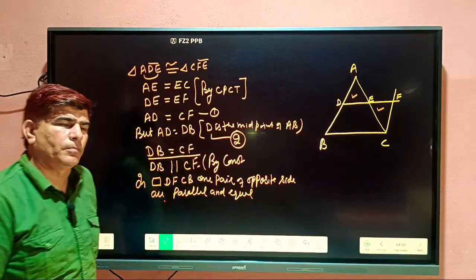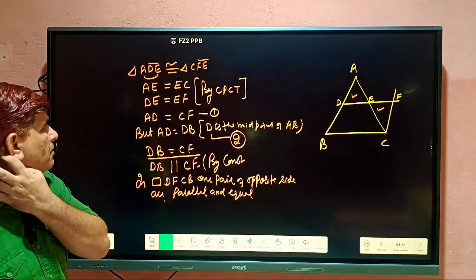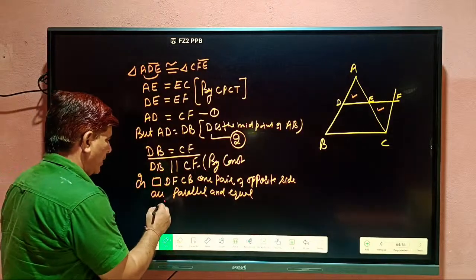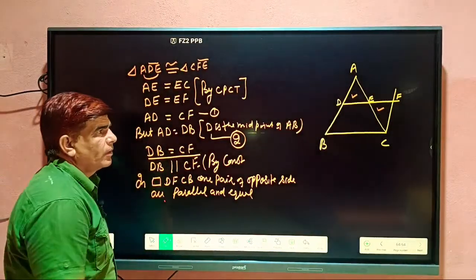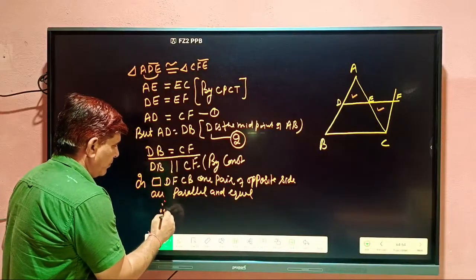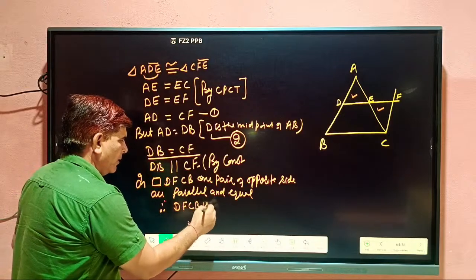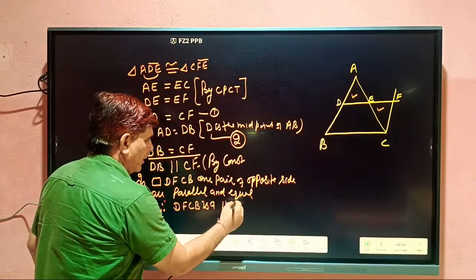So this is a theorem: if one pair of opposite sides of a quadrilateral is parallel and equal, then that quadrilateral is a parallelogram. Therefore, DFCB is a parallelogram.